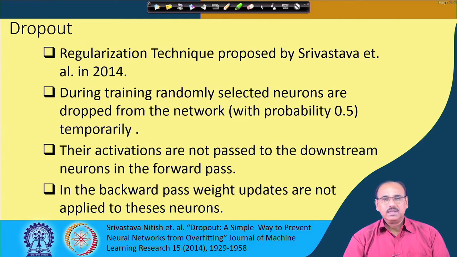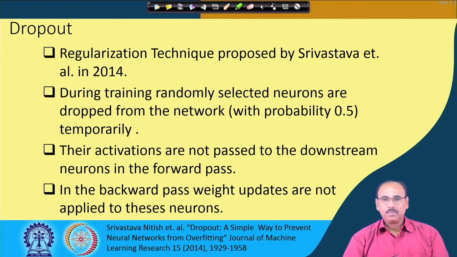During training, randomly selected neurons or nodes, selected with a probability of say 0.5, are dropped from the network. So the probability that a node will exist in the network is 0.5. Similarly, the probability that it will be dropped out is also 0.5.